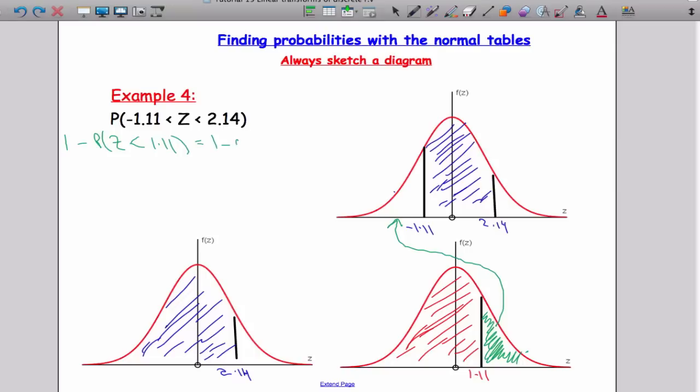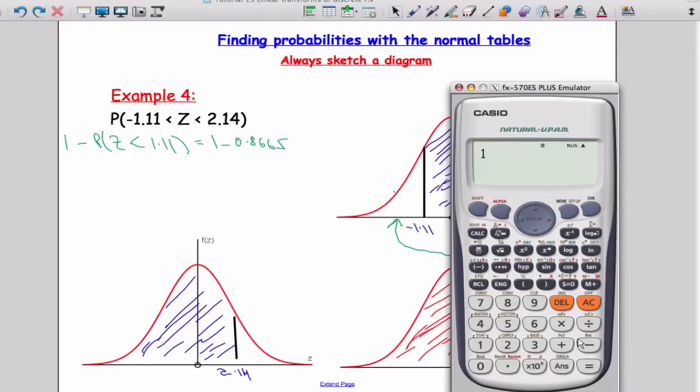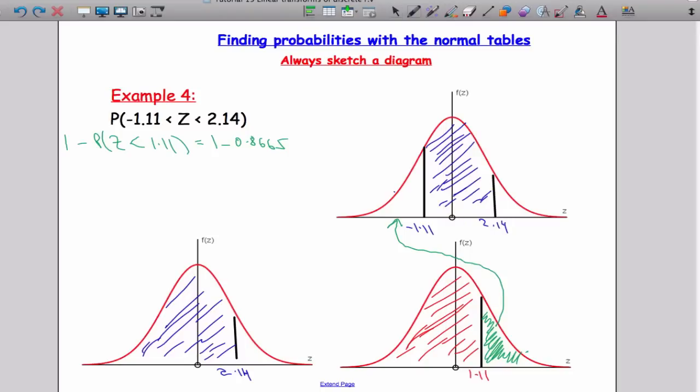1 minus 0.8665 gives me 0.1335. Now I'm going to take this value away from this area here.